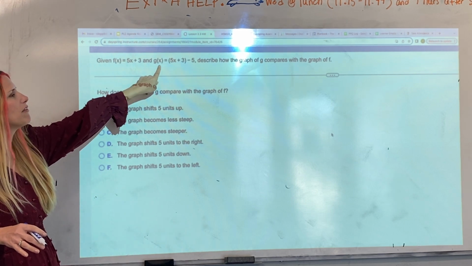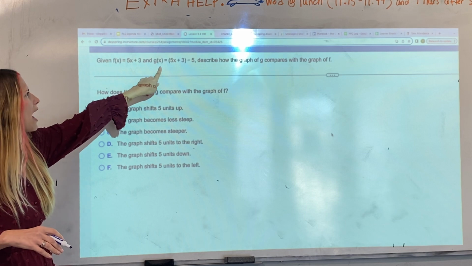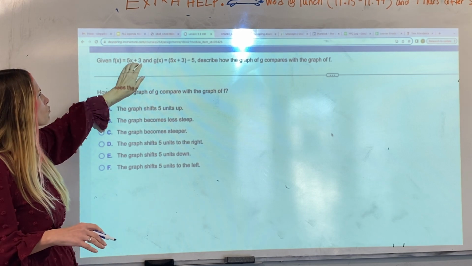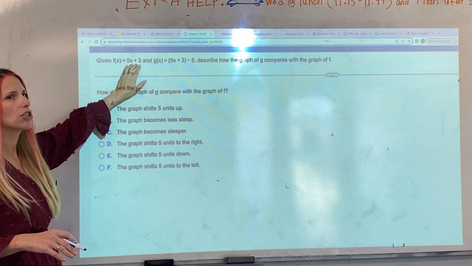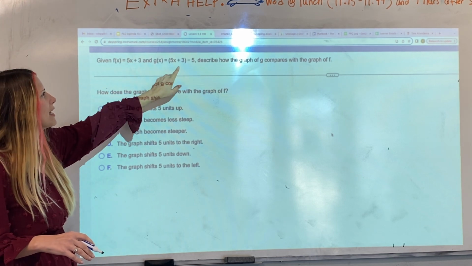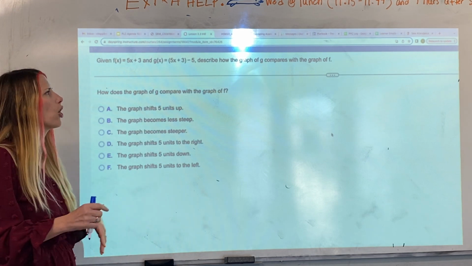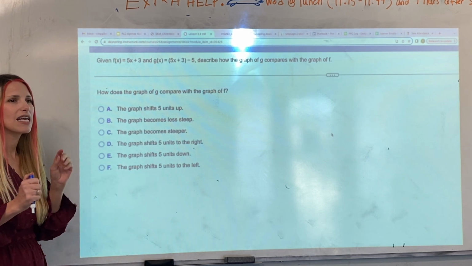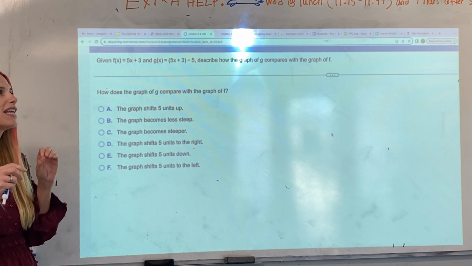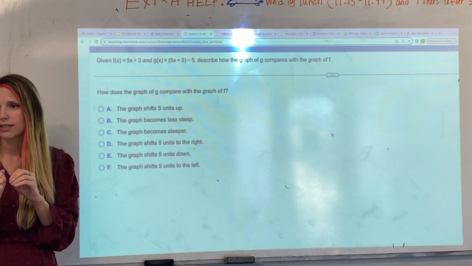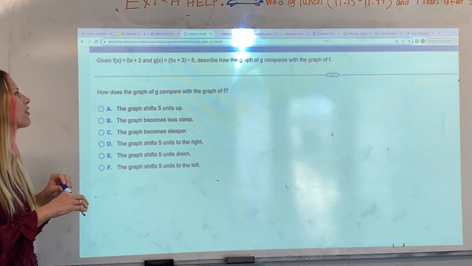Now, g of x says that 5x plus 3, or my original function here, is then going to have 5 taken away from it. So, is 5 being taken away from the input or the output? Very good.